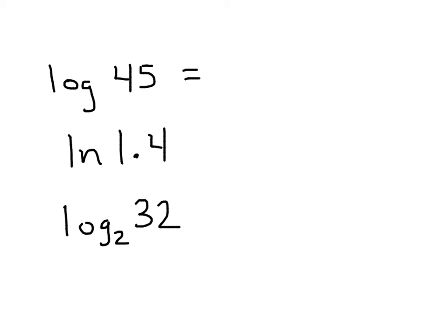And then you write down the number that came out. How much? 1.6. And you're done. You simply type in log 45, enter, and then write down the number that came out. The next one, you type in the ln of 1.4, enter, and write down the number that came out.